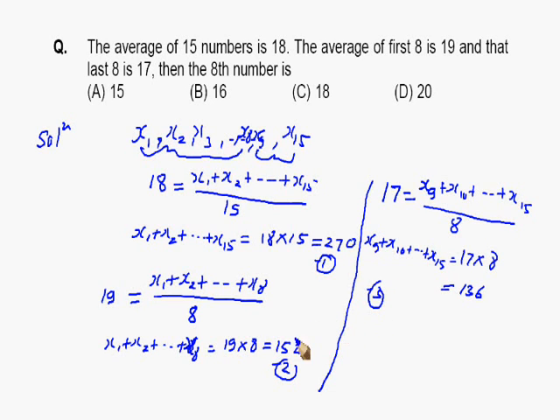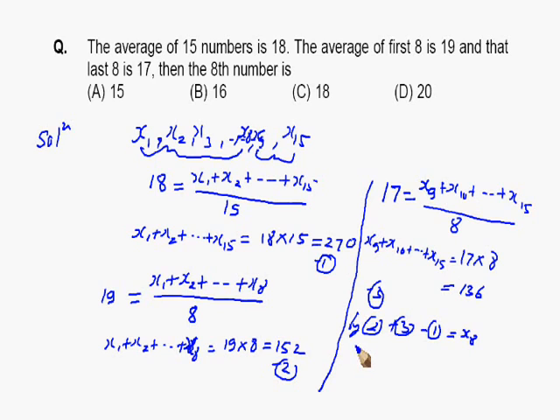So our 8th number can be obtained by adding the second and third equations and subtracting the first equation from it, so that we can get the 8th number.